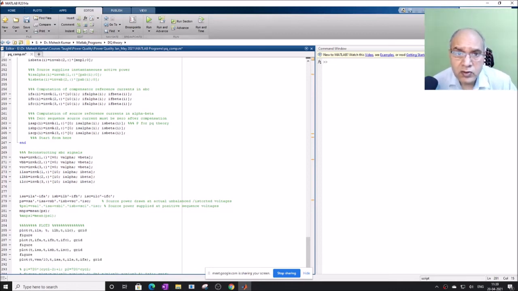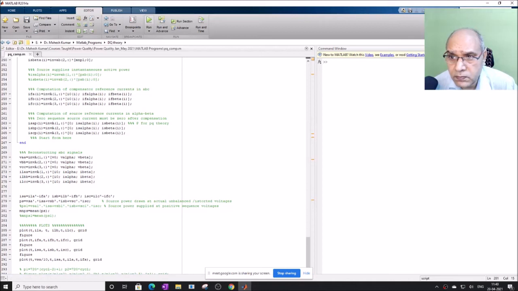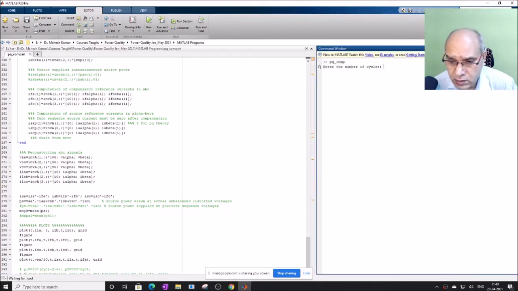So we are going to simulate this and see the different parameters. Running this here, the number of cycles, let us say 6, and the firing of the rectifier, let us say, 0 degree.